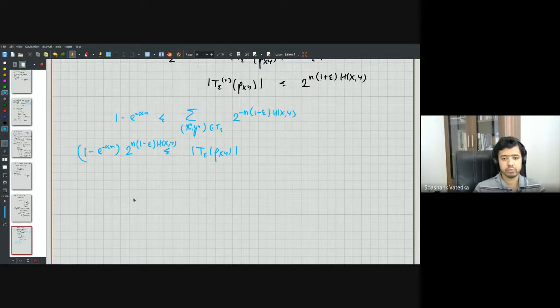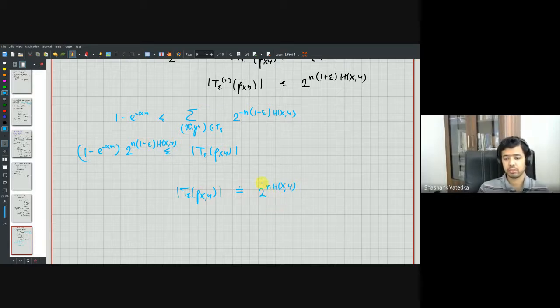So we denote this in the following way. So we say that the size of T epsilon of p x comma y is equal to, with a dot over here, 2 to the n times H of x comma y.